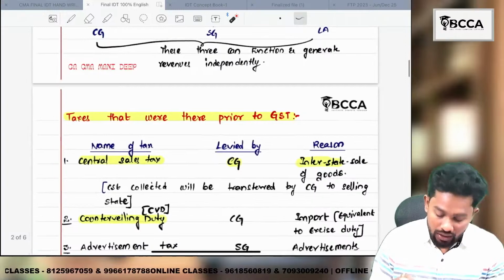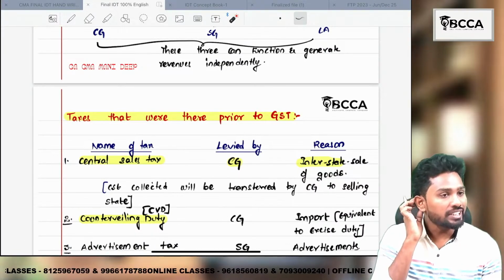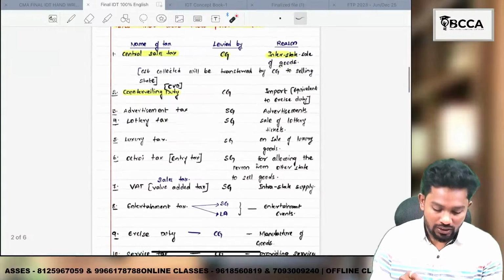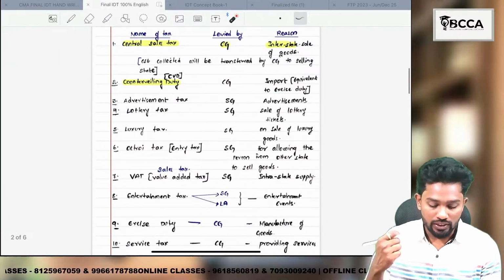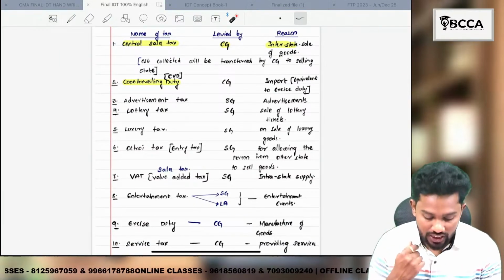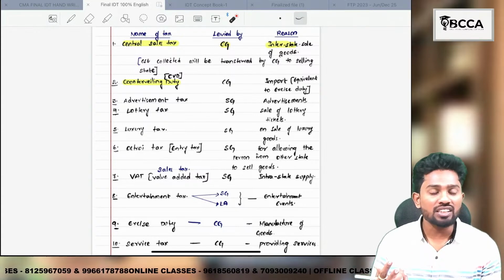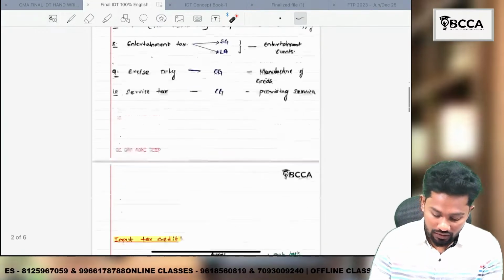So we have a code for this also, sir, which I didn't mention in the previous class. What are the taxes that were there prior to GST? Central sales tax, countervailing duty, advertisement tax, luxury tax, lottery tax, octroi tax, VAT, excise duty, entertainment tax, and service tax.